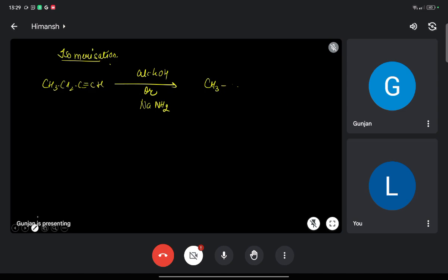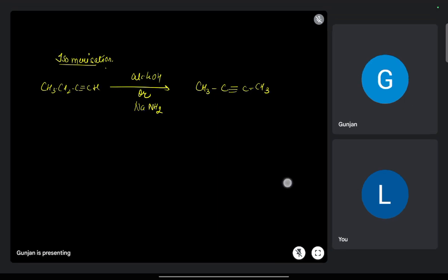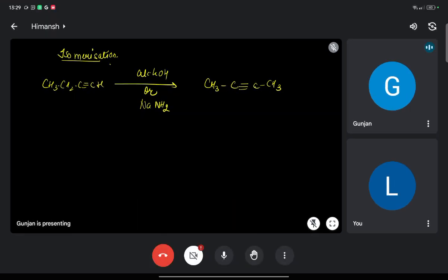Triple bond will shift toward the center like this to form an isomeric structure.